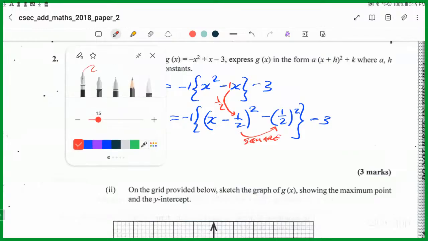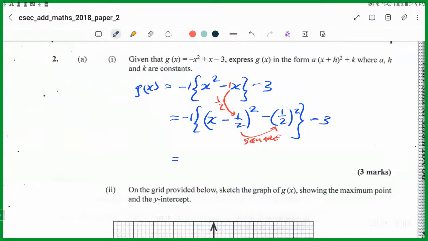And then now to simplify this, it becomes equal to minus 1, that's like a, into x minus half squared. That's minus 1 times this first, right? Then minus 1 times this becomes plus a quarter, because 1 over 2 squared is a quarter.